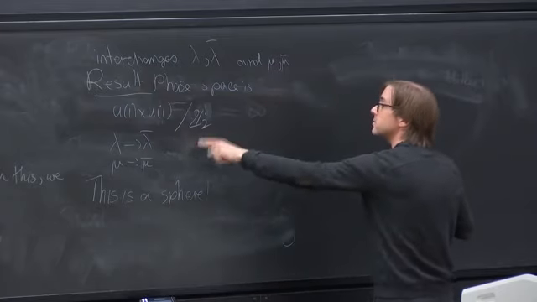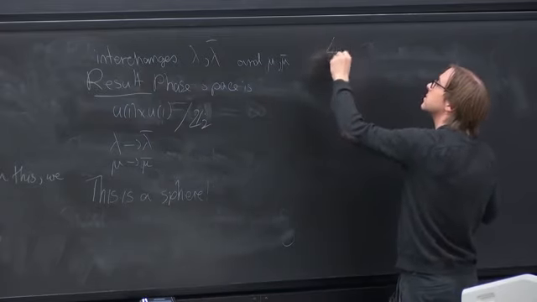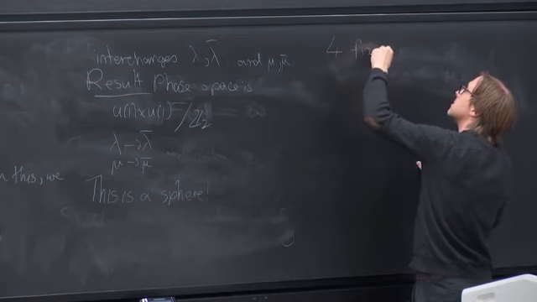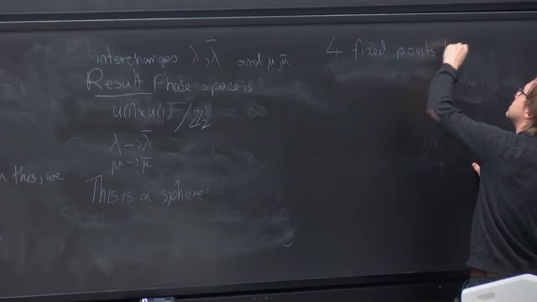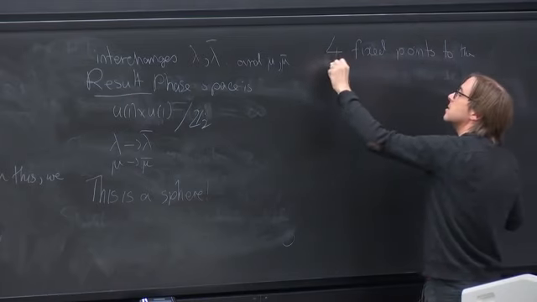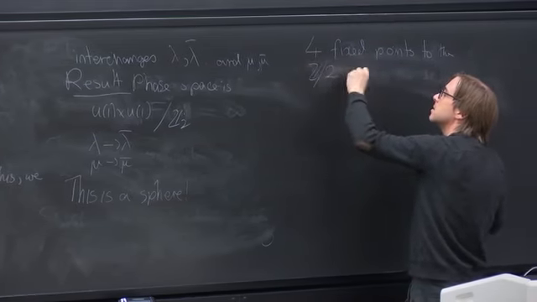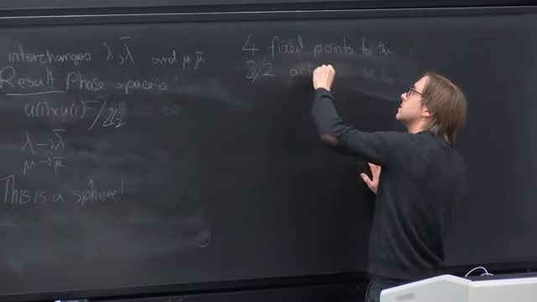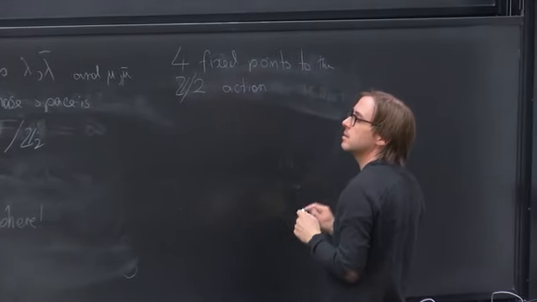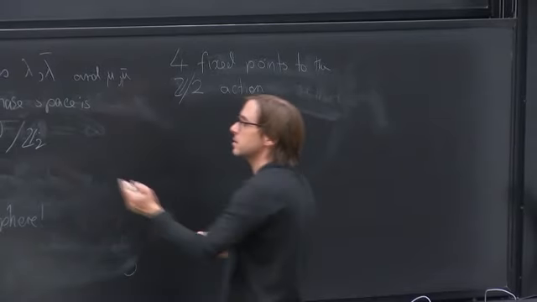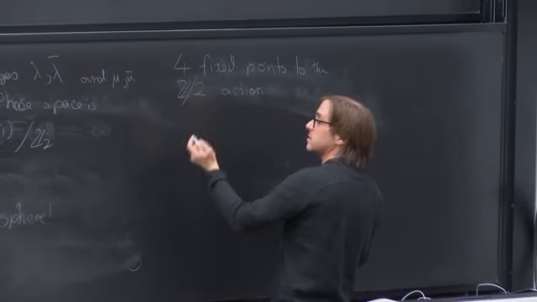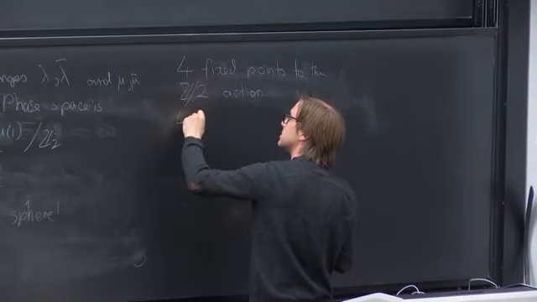So there are 4 fixed points to the Z2 action. These are the solutions because there's 4 solutions to the equations.